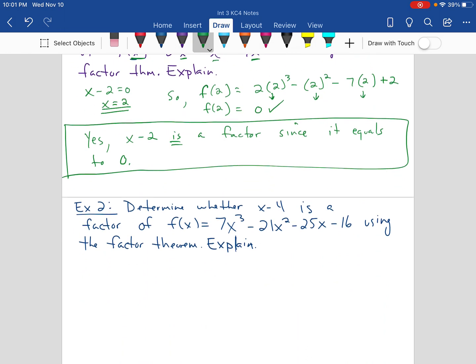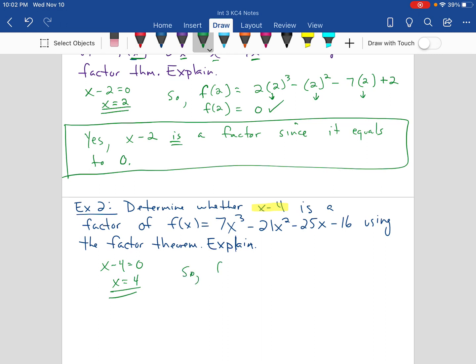Okay, so we're going to do that again with the second example. I have to determine whether x minus 4, so that's my important factor, is a factor of f of x equal to 7x cubed minus 21x squared minus 25x minus 16 using the factor theorem. And again, we need to explain that. Okay, so I have x minus 4 equal to 0, which means that x is equal to 4.